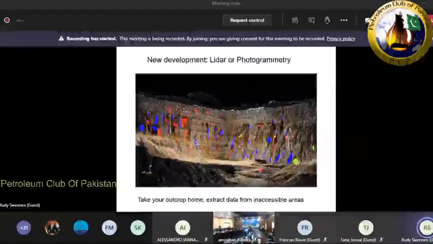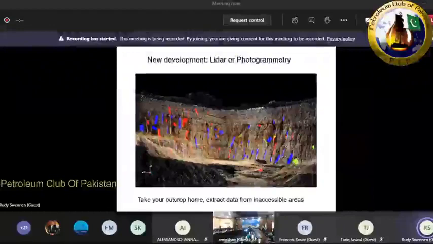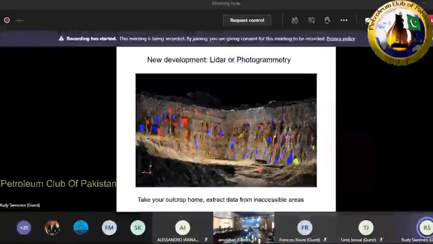Another super technique is what I call LiDAR, where we use laser light, or photogrammetry, which is more convenient nowadays because you can do it with your mobile phone. You take overlapping pictures of the wall of a quarry, and by reconstructing these pictures, you can work out a kind of 3-dimensional model of the quarry.